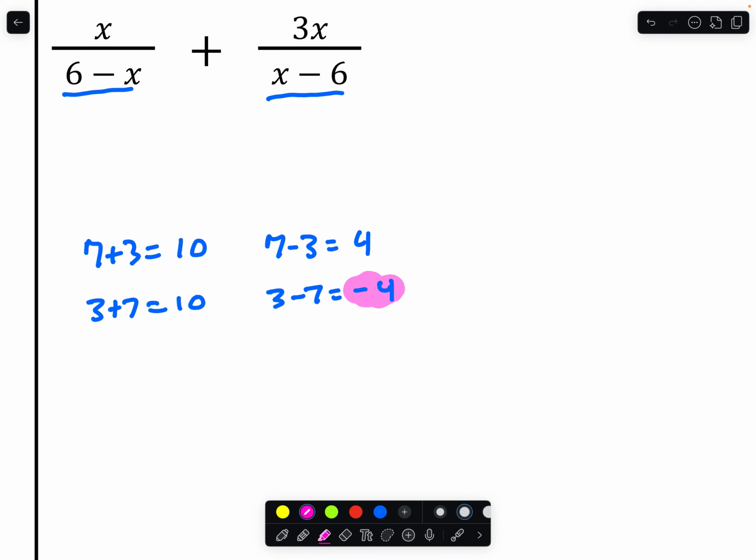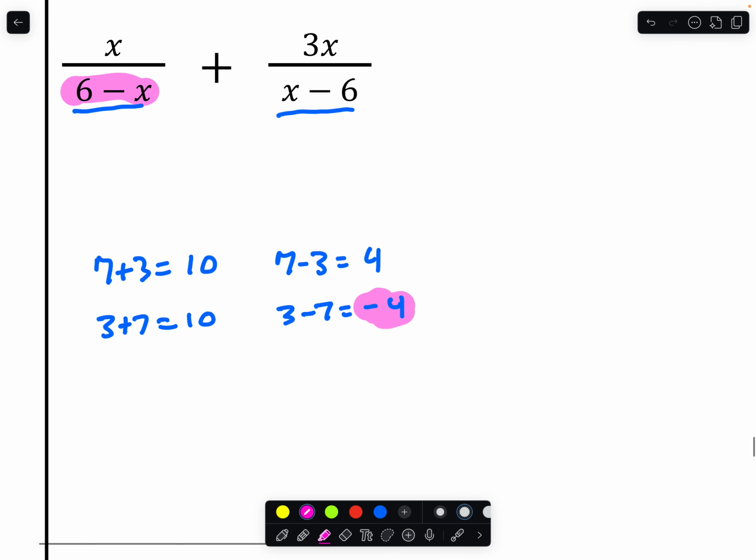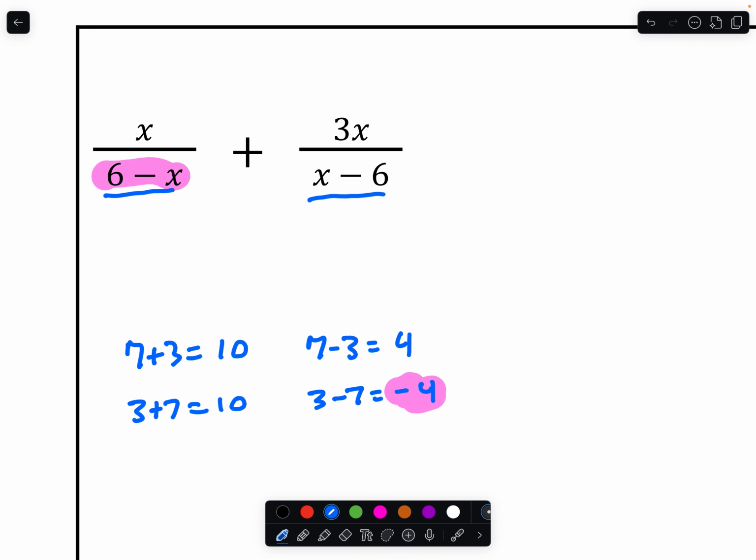So that's something that I want you all to think about when we're flipping around this 6 minus x. Okay, so if I flip around this 6 minus x, what it's going to change to, if I want x minus 6, is that the negative x changes to a positive x, and the positive 6 changes to a negative 6.